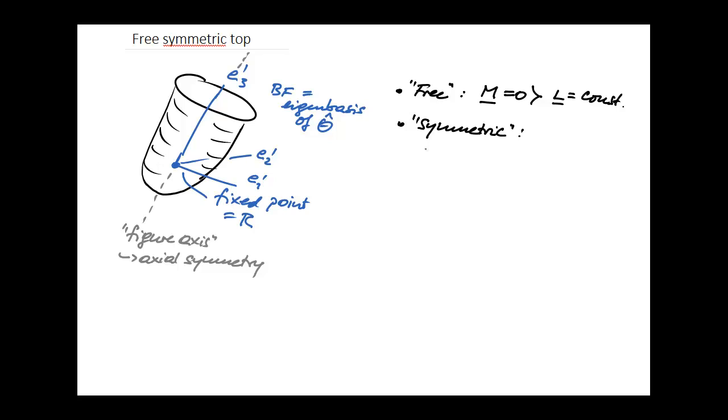So the eigenvalues 1 and 2, the first two eigenvalues of the moment of inertia are equal. But let's assume that the top is not totally symmetric, and that therefore the third eigenvalue is different from the other two.